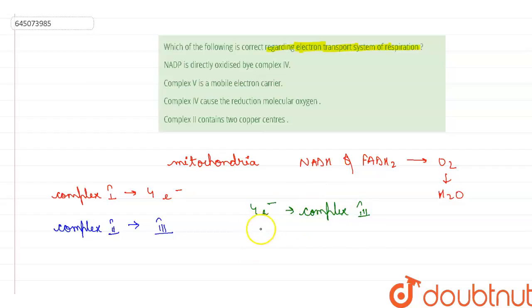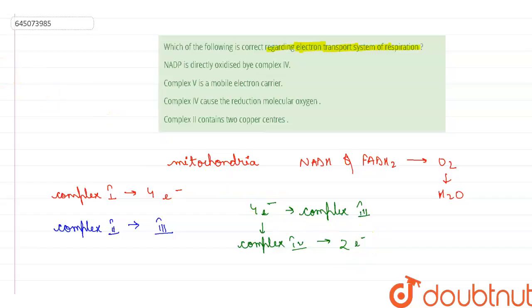Now, in complex 4, 2 protons are being pumped from the matrix to the intermembrane space and there is formation of water.